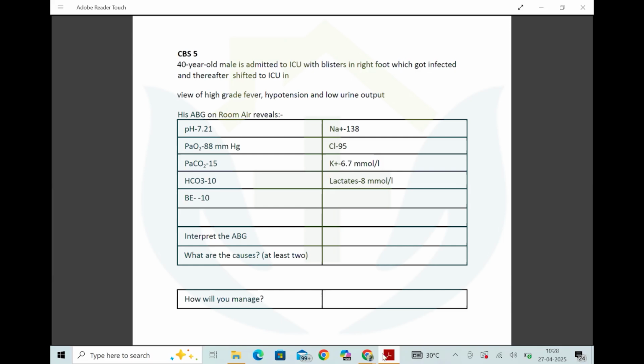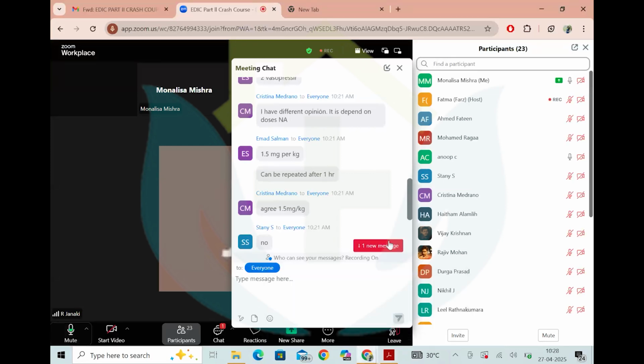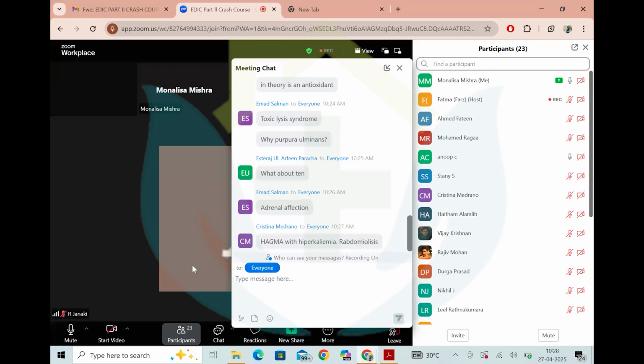And do you know what is the diagnosis? Sepsis. So this patient is admitted with septic shock, with blisters in the right foot which got infected. So any idea why this patient will have blisters on the right foot? Is there anything else you're missing which can be the cause of high anion gap metabolic acidosis, and can cause that kind of ABG?